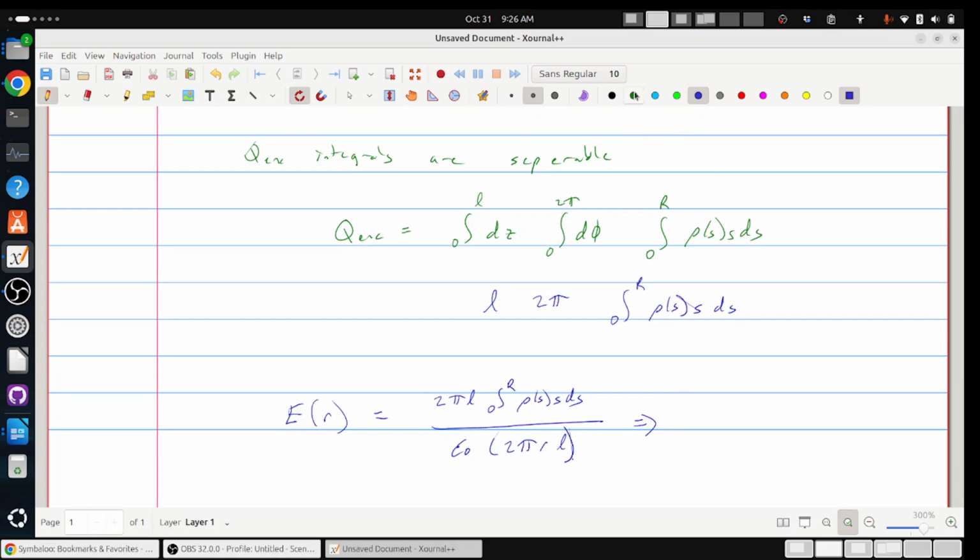That's going to simplify down because I've got my 2 pi L, I've got my integral up on top, and then on the bottom I'm going to have an epsilon naught r.